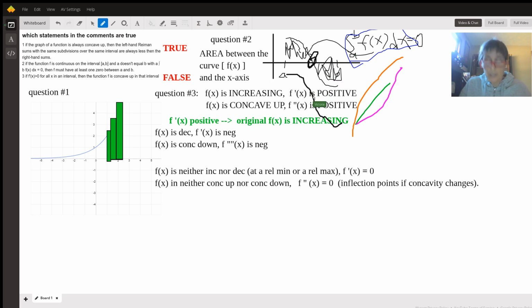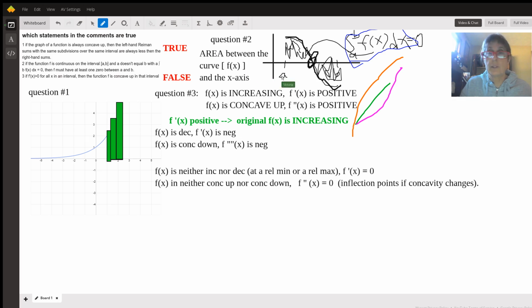So the only way to get that integral to equal 0 is if the area from the curve to the x-axis above is the same as the area from the curve to the x-axis below, because this is positive area and this is negative area, and if they have the same area, they cancel each other and become 0.